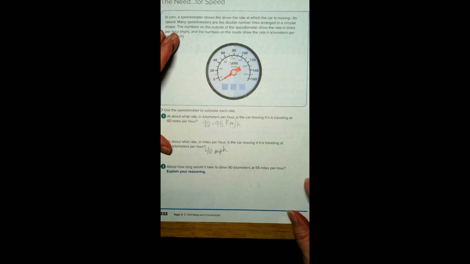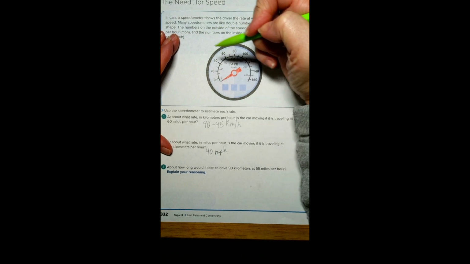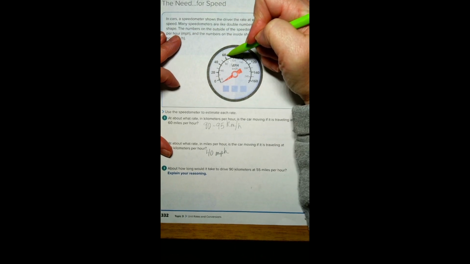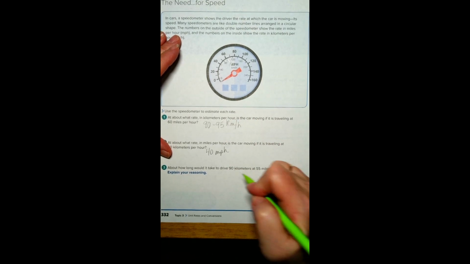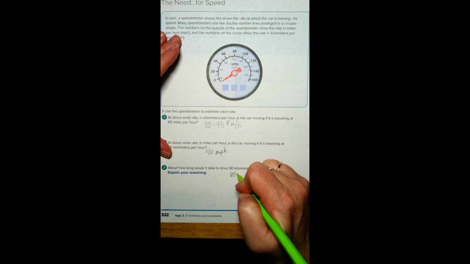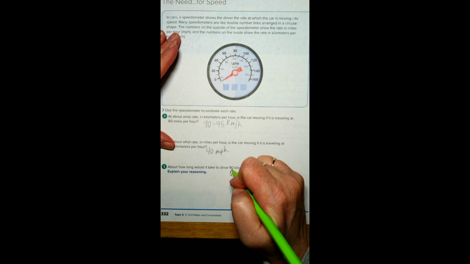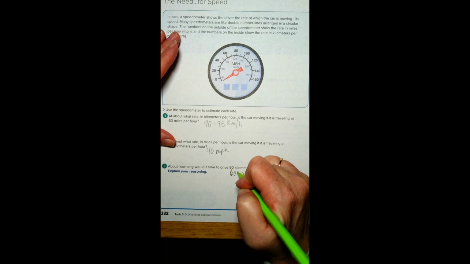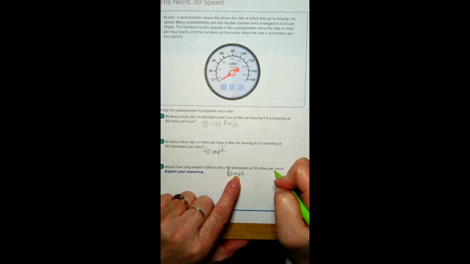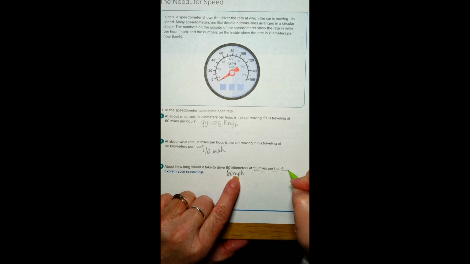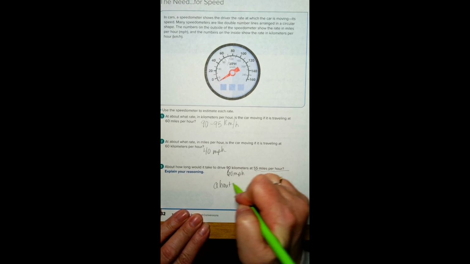About how long would it take to drive 90 kilometers at 55 miles per hour? Well, we already talked about that 90 being right here around the 60. So if 90 kilometers is about 60 miles, then at 55 miles per hour it will take about 1 hour.